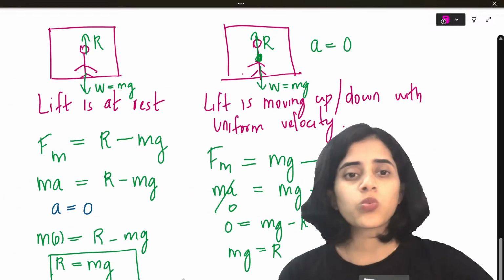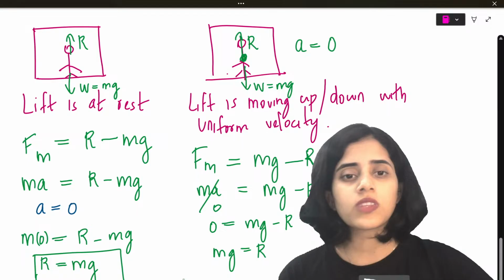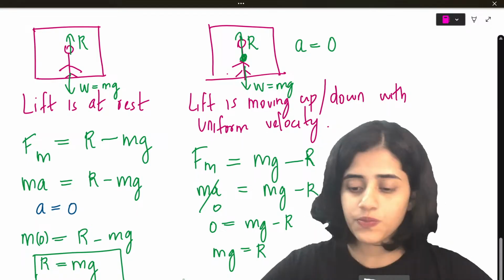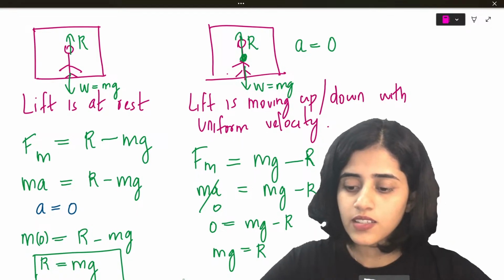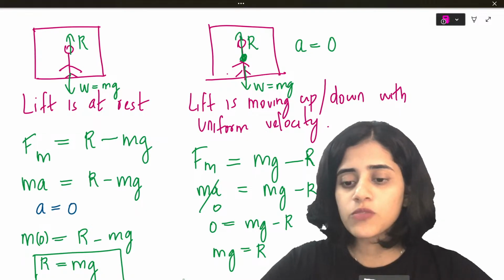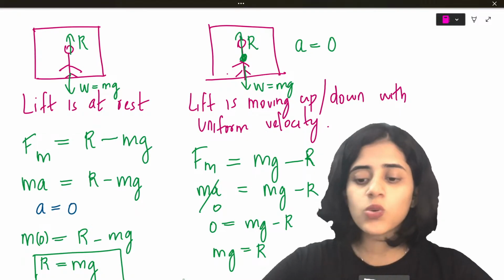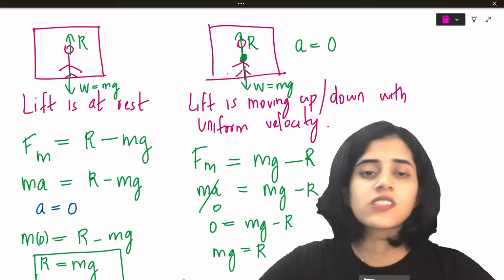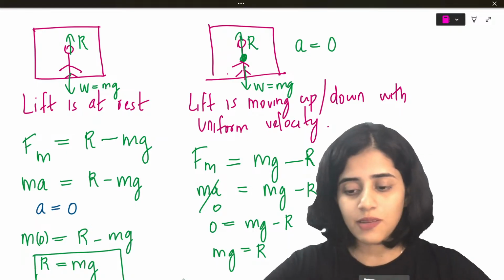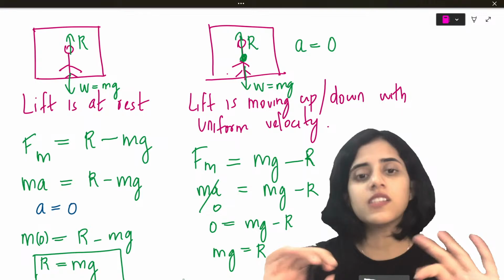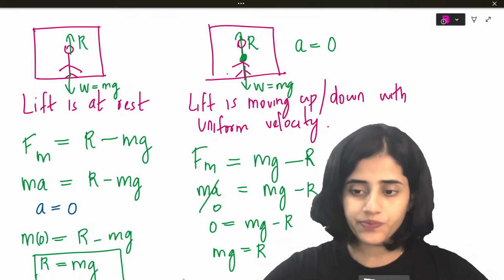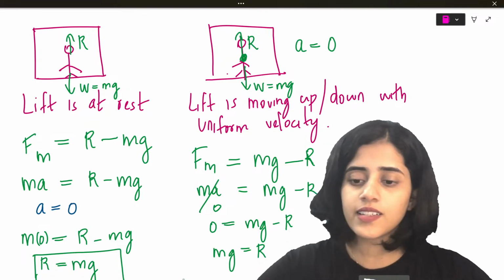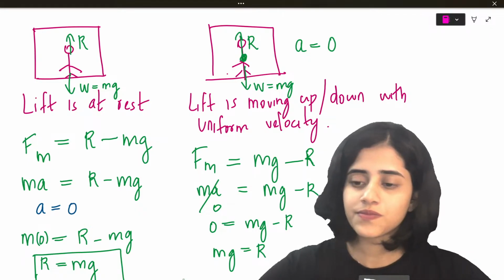So these are the two cases where R is equal to mg: when a lift is at rest and when a lift is moving with uniform velocity. Basically, whenever acceleration is 0. Is this clear?